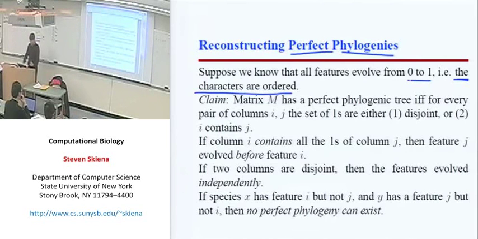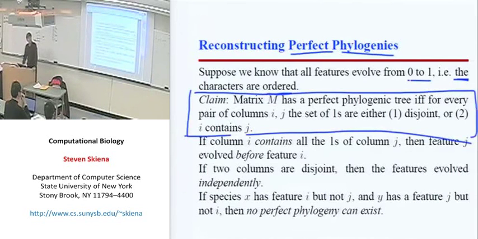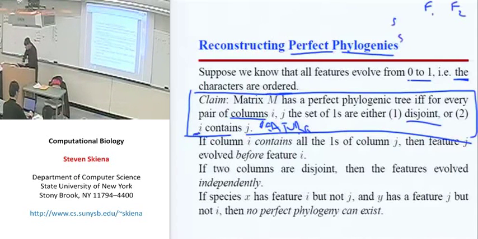The claim is that if I give you a feature matrix, there will be a perfect phylogeny if and only if, for every pair of columns, remember, these were features, the sets of ones are either disjoint or one column contains the other. What does it mean for feature 1 and feature 2 to have a disjoint set of species that have it?